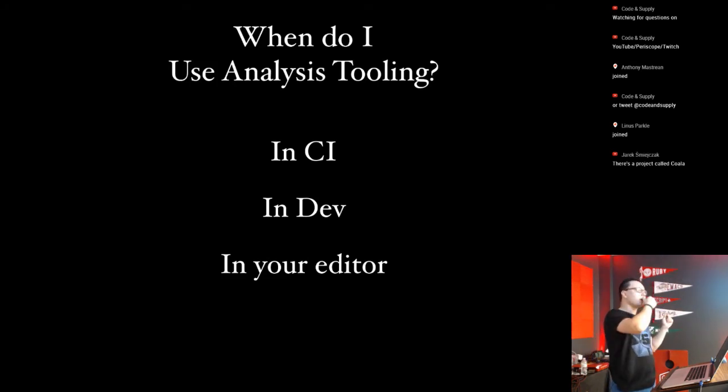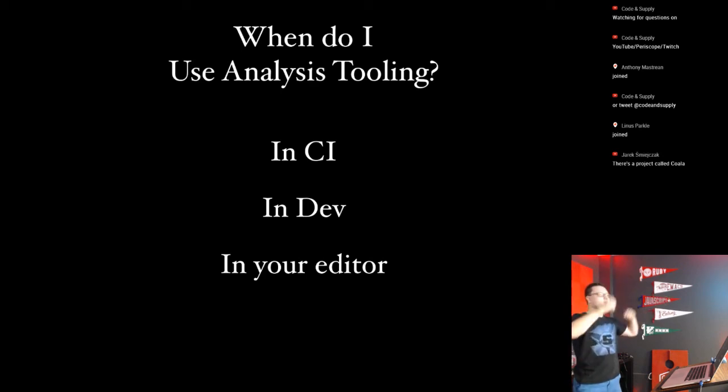What is CI? CI is continuous integration. A CI server is a server that sits separate from your source control repository, so that when you check in your source code, it will pull down your code and run a set of tests or static analysis tools, or generate build artifacts, things like that. Does everyone get what CI is?